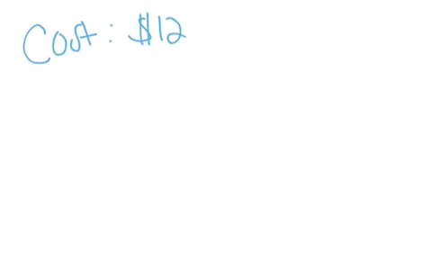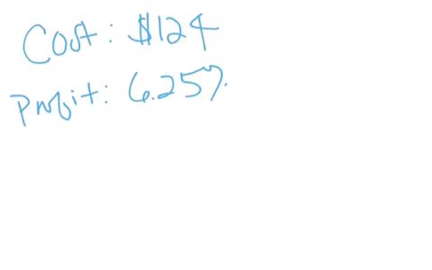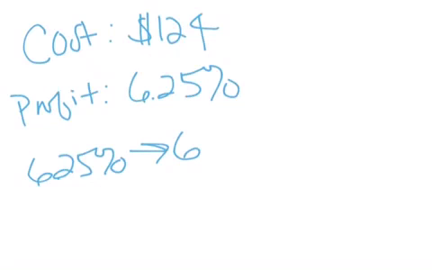Alrighty. The next one I want you to do: the cost is $124, and they are going to profit 6.25% from that. I want to know how much they're actually making in cash from the profit. So let's do 6.25%, which goes to 0.625 times 124.